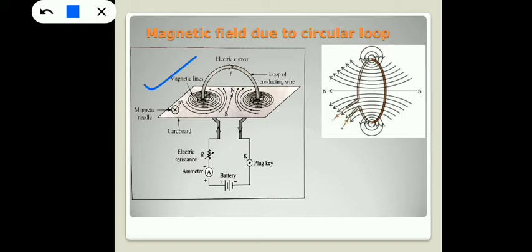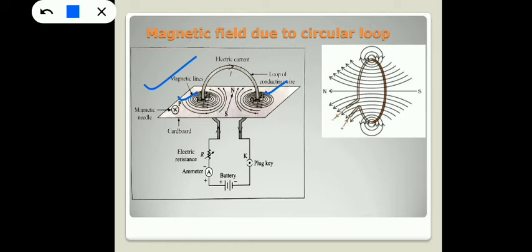So near the coil, the magnetic field lines are crowded like this. As we move away from the coil, the magnetic field lines are farther apart. Here also, near the wire or the coil, the circles are crowded, and as we move away from the conductor, the circles are farther apart. The circles represent what? Magnetic field lines.